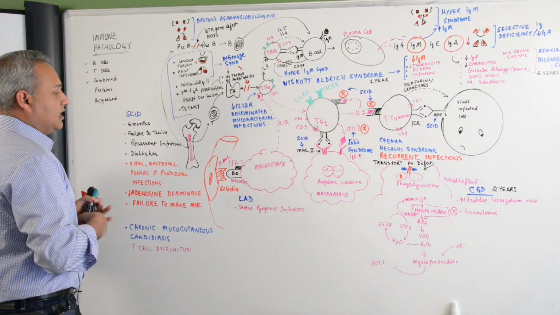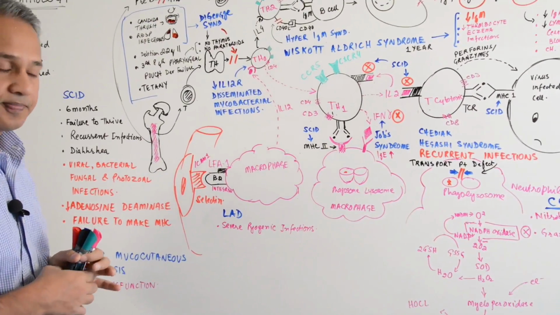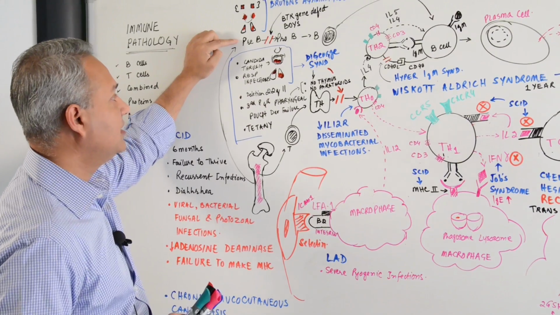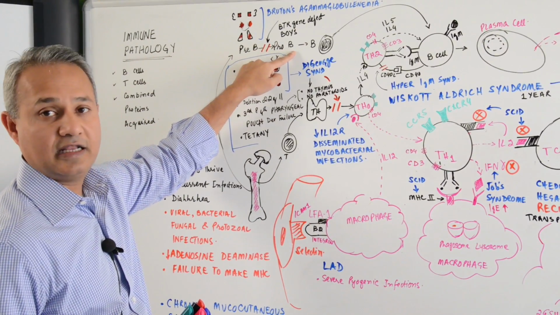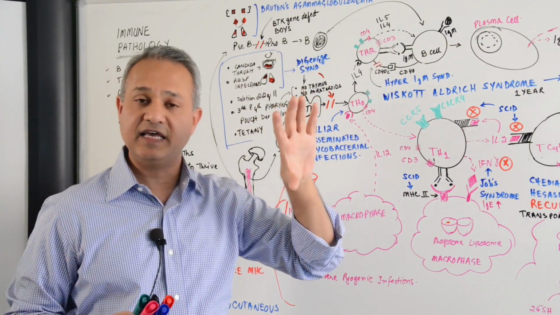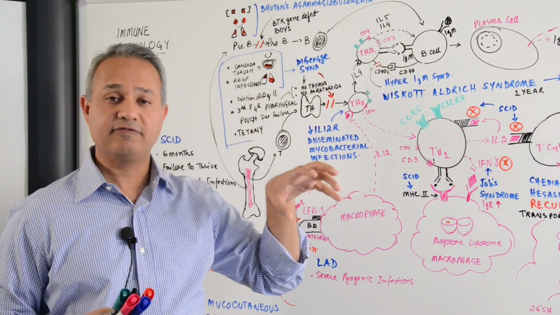So normal function, let's start from the bone. Bone makes the B cells and T cells. B cells get matured inside the bone, they go from pre-B to pro-B and then B cells. Pro-B cells start expressing IgM on their surface, and then they become mature B cells that go and live in the lymph nodes.